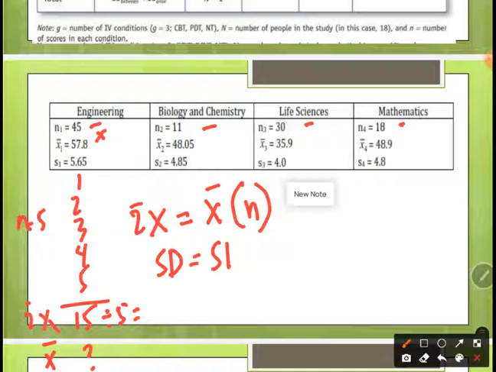And follow nyo yung SS between, SS within, MS between, MS within, saka yung DF between at saka DF within na gagamitin ng naka-table naman yun. And come up with a better solution and get the F ratio.